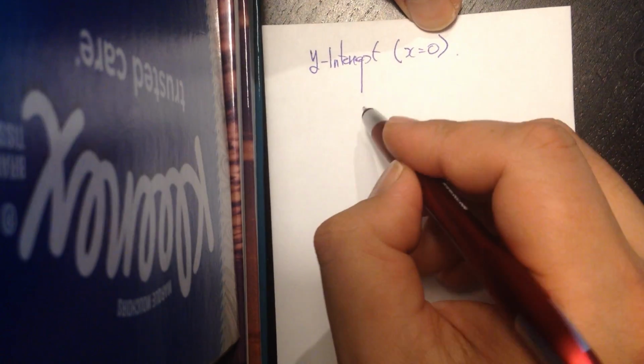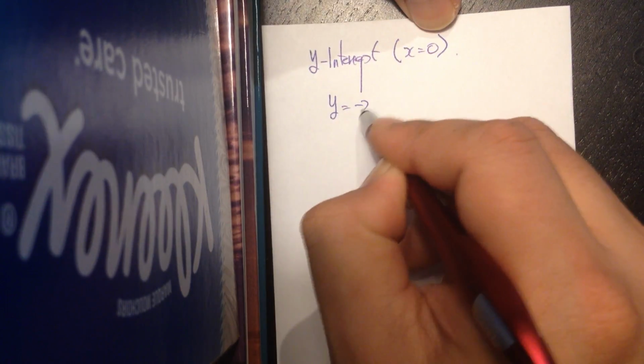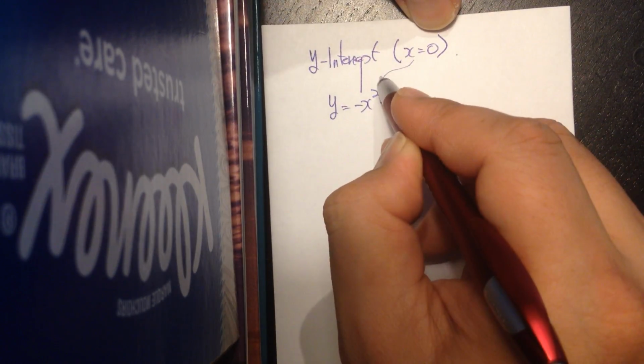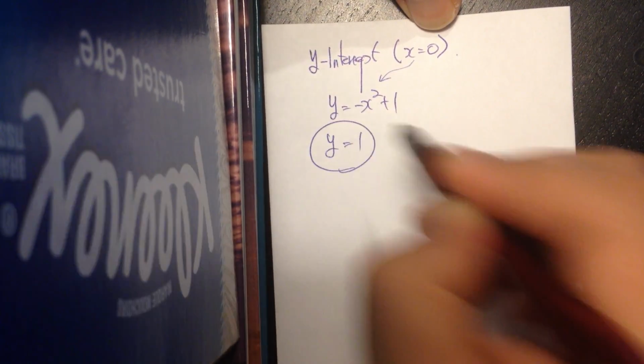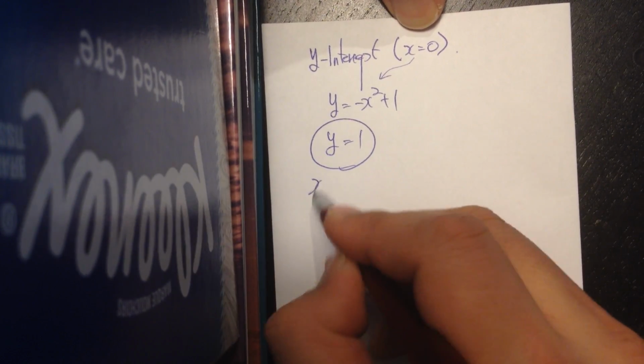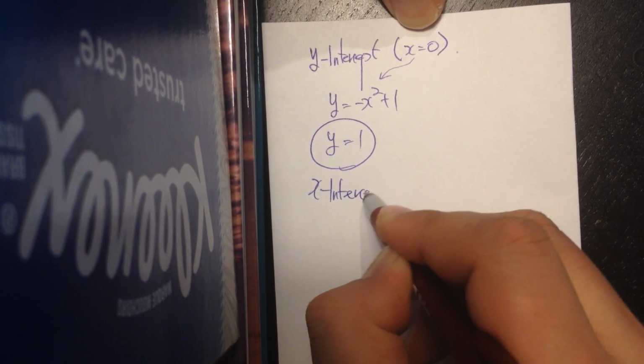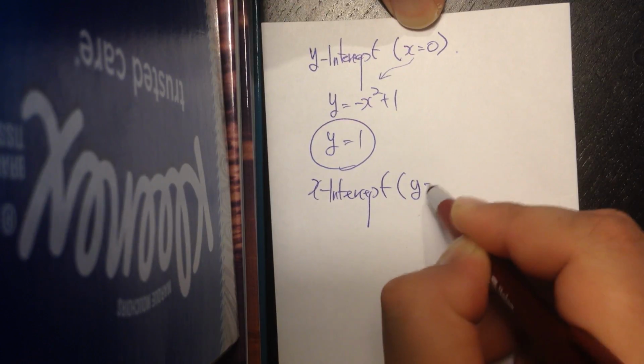So therefore, this is it. y equals 1. Same thing for the x-intercept. For the x-intercept, y's got to be 0.